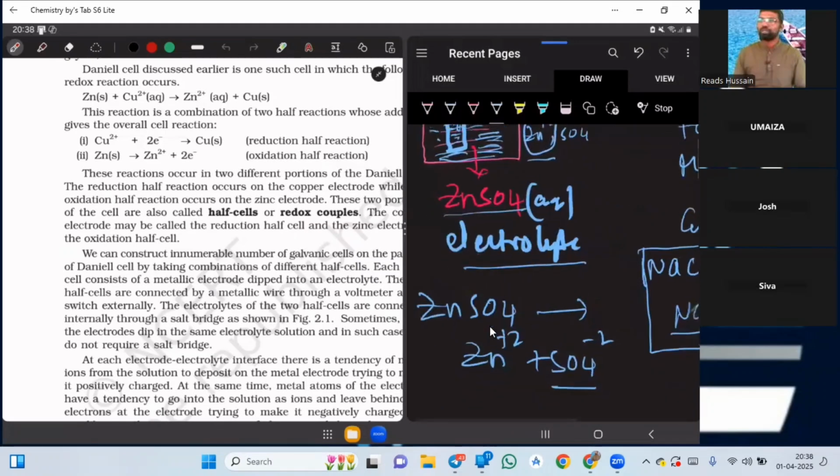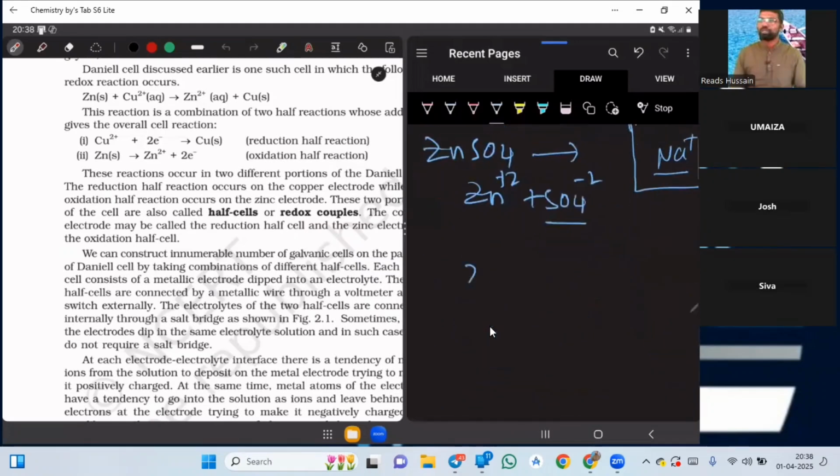Now when zinc metal atoms are in contact with the zinc ions, there exists some potential difference. What is the meaning of potential? Potential means its power, its energy or its strength.